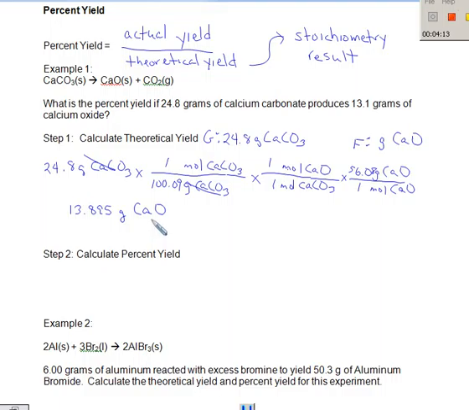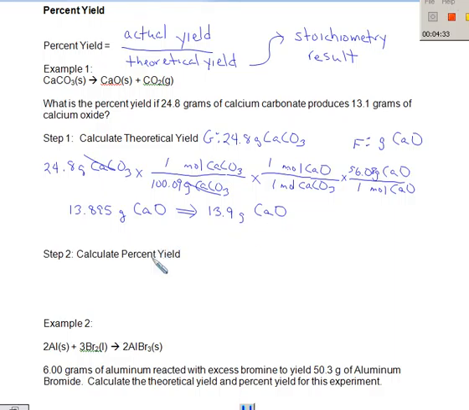Now, don't forget that you need to correct for significant figures. So this becomes 13.9 grams of calcium oxide based on the given here having 3 significant figures. That is step 1. We've now calculated the theoretical yield.